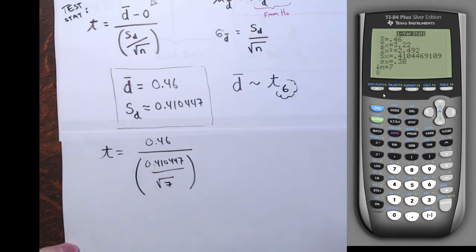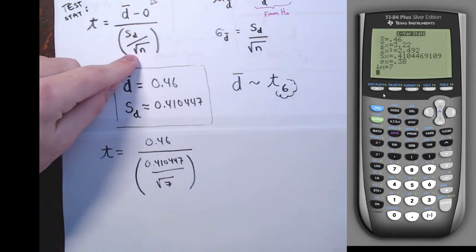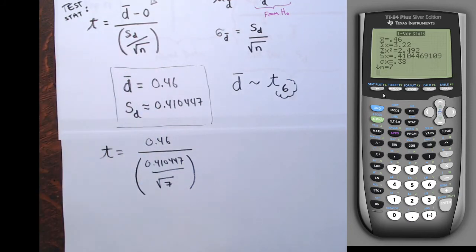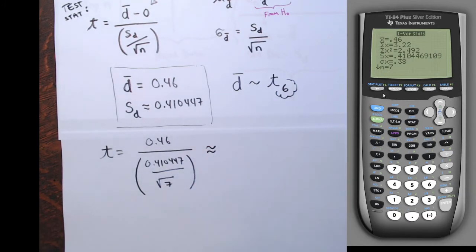The standard deviation of the sample differences divided by the square root of the size of the sample of differences. And then they're asking us to round this to 3 decimal places. So what I'm going to do here, take 0.46.